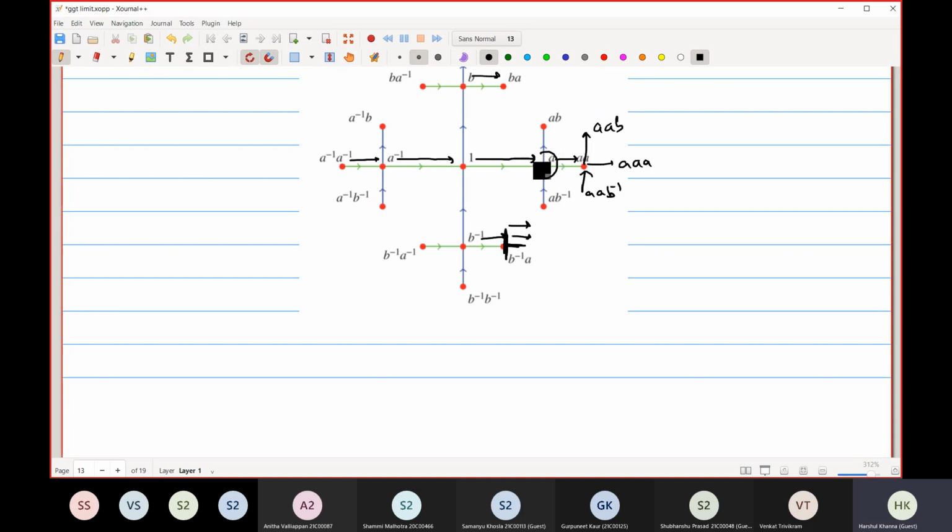Going from A, any element that starts from A, this whole region, starting from AB, A and AB inverse, will go to the region which starts from A. So this is carried forward to this region.